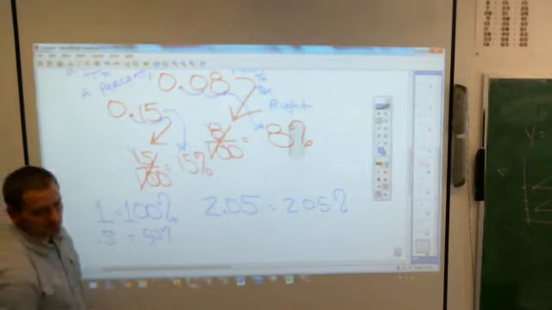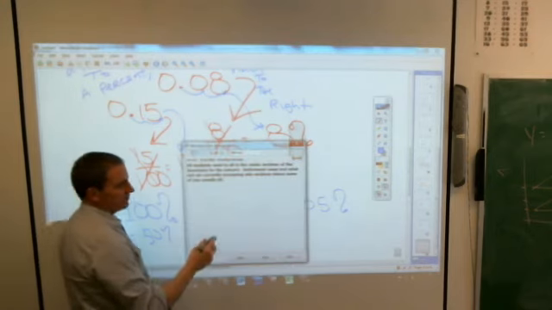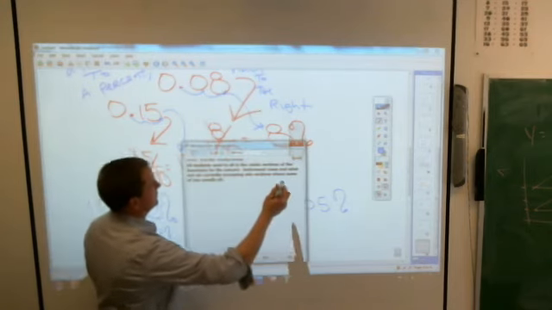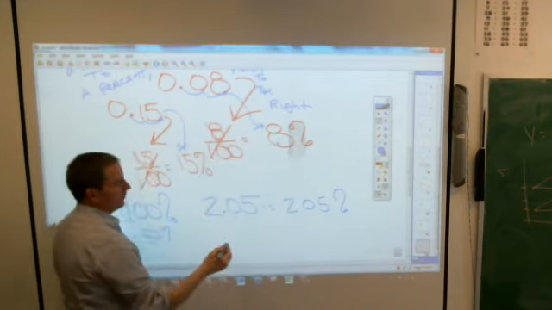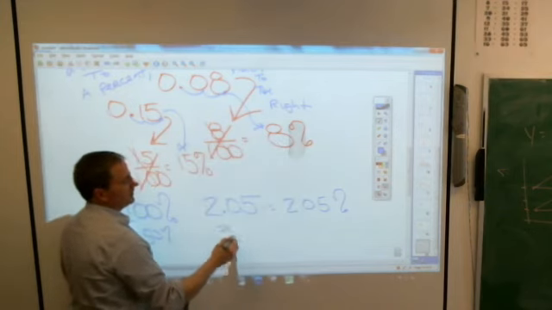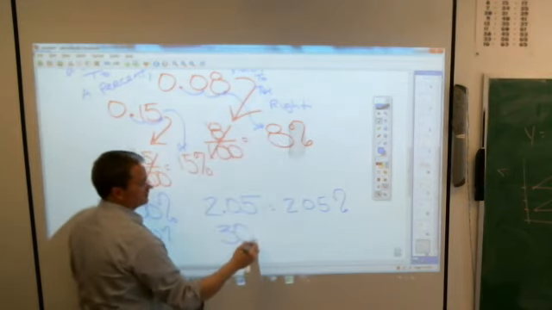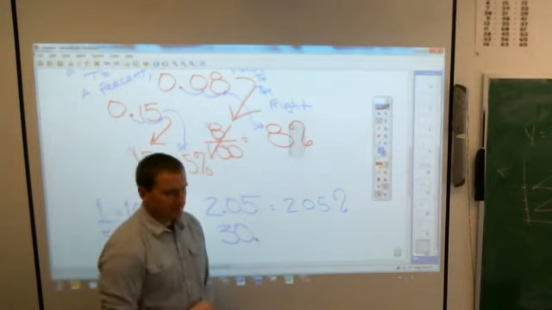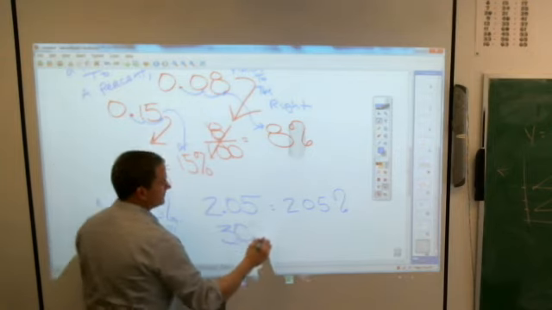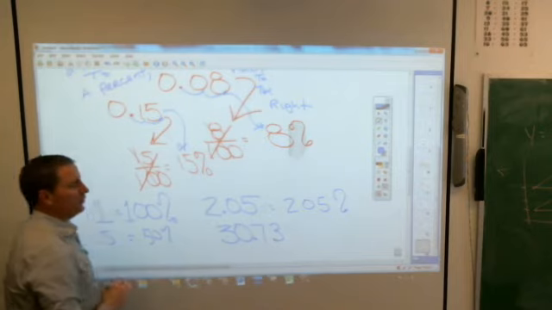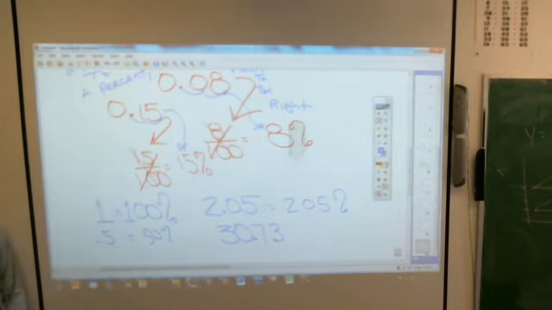Now, here we go. Test of the day. What would this be? 30 point, oh, well, I'll tell you after this. What would 30.73 be as a percent?